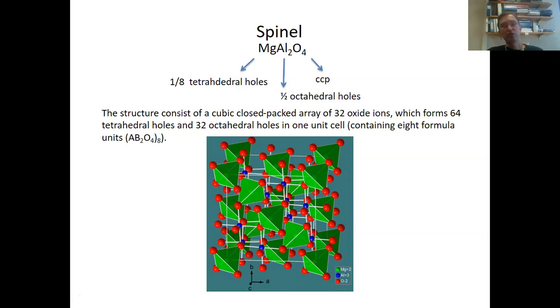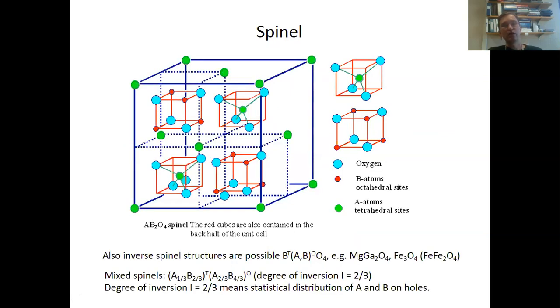You can most easily understand it when you place the tetrahedral holes so that they occupy the corners and the face centers of the unit cell. Okay, you can do this by just shifting the coordinate system.